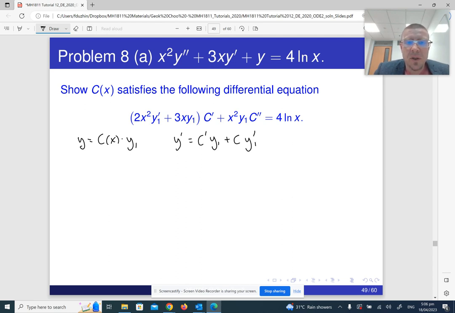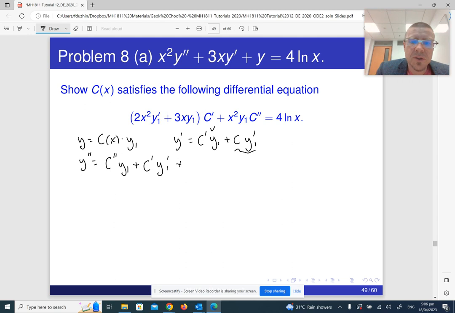And we have our second derivative, so we've got to find y double prime too. I've got to differentiate this according to the product rule, and it's going to be c double prime y1 plus c prime y1 prime. So this term is done.